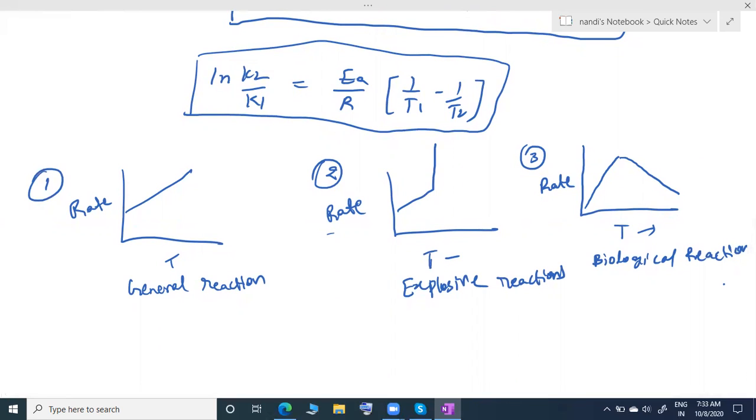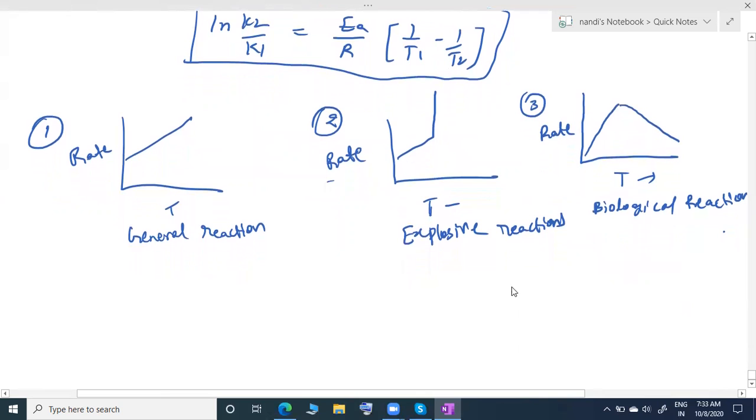There is only one reaction where, by increasing temperature, the rate of reaction decreases, so that's showing a different way. That's the reaction I'm providing here, only one reaction. Rate versus temperature shows like this: by increasing temperature, the rate of reaction decreases. This is 2NO plus O2 gives NO2. This is the only reaction exception.